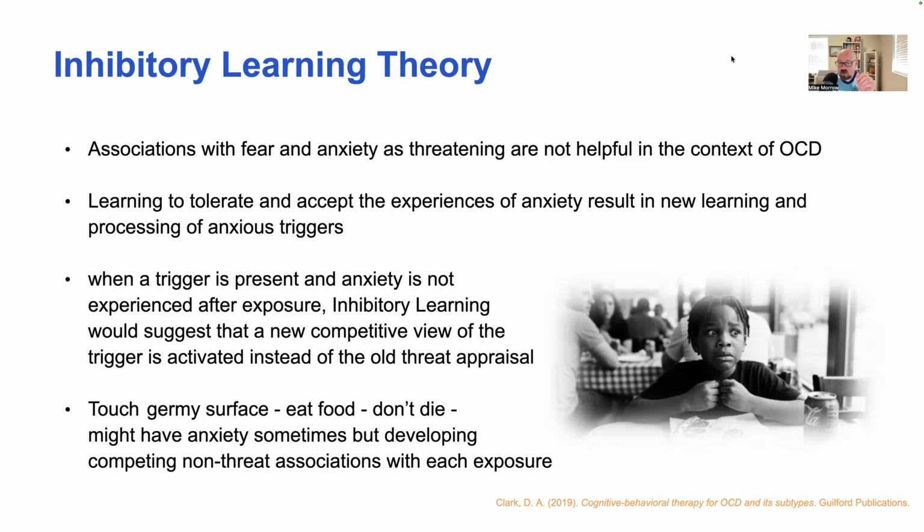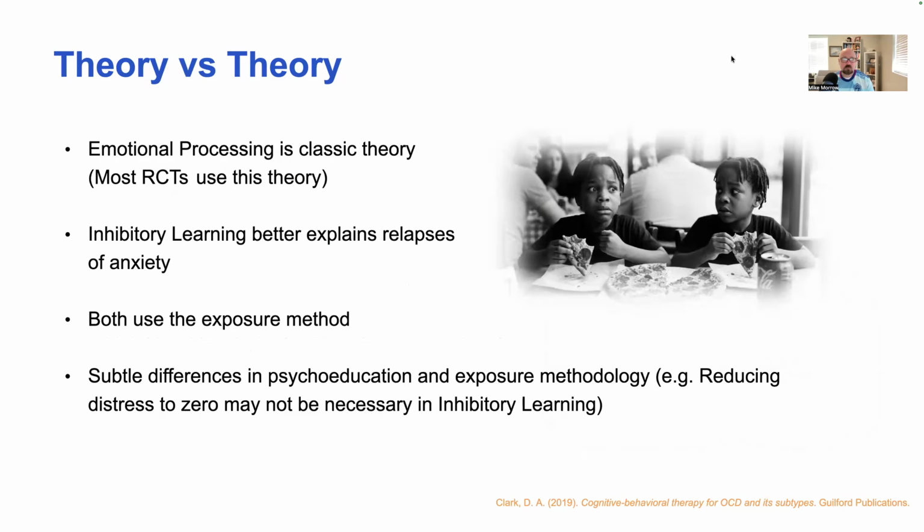So inhibitory learning theory is slightly different in that aspect, because it says it's okay to experience anxiety and it's okay to have it come back from time to time, but we still engage with our exposures and we still engage with life through a values-based lens.